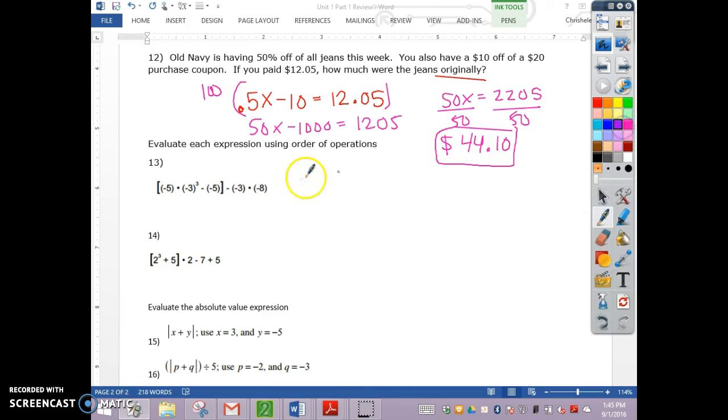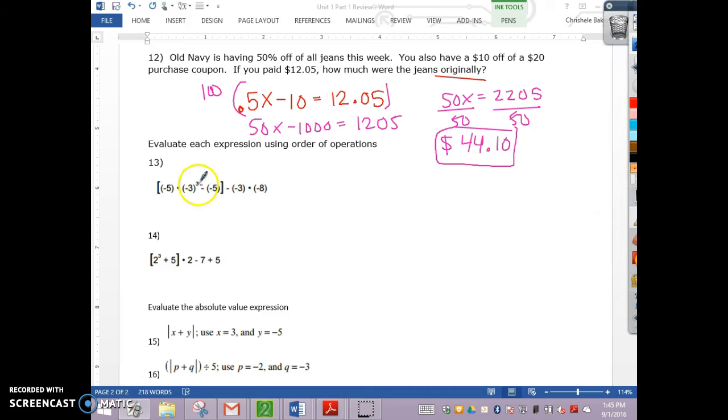Okay, order of operations. So working from the inside out, we have a double parentheses here. So we have to do what's in here first, start with that exponent. So we have -5 times 9 minus -5, which is actually +5, minus -3 times -8, which is a +24.